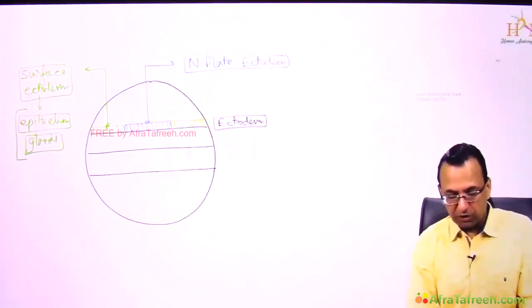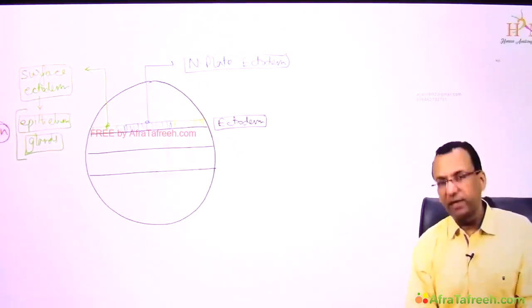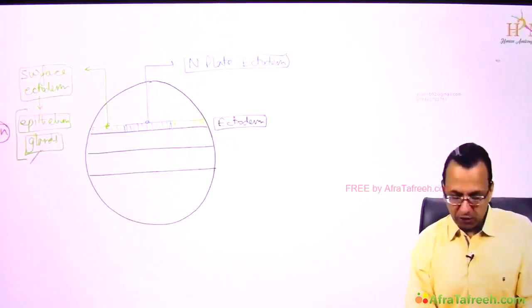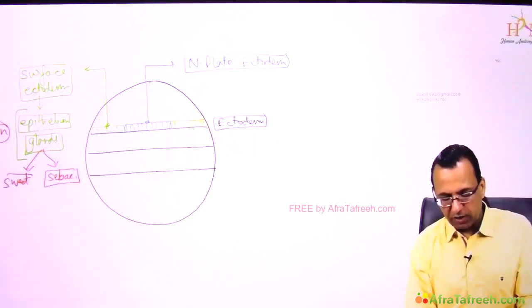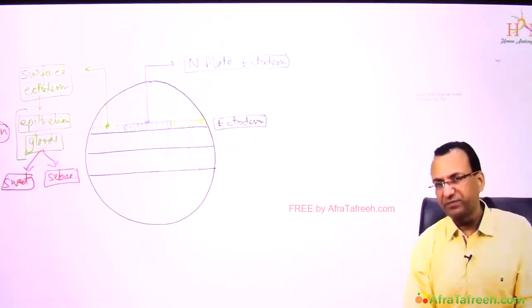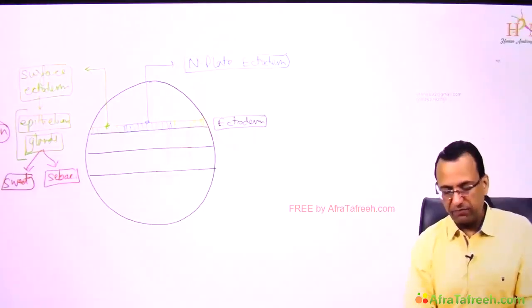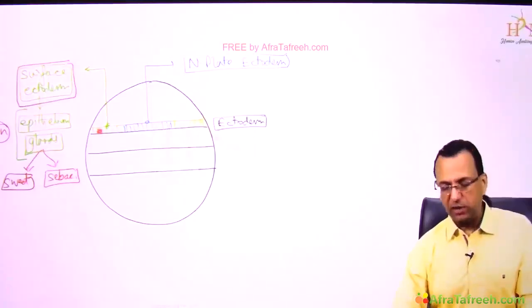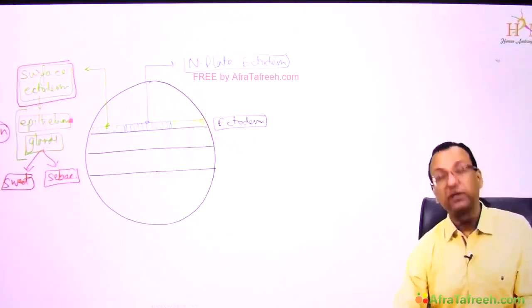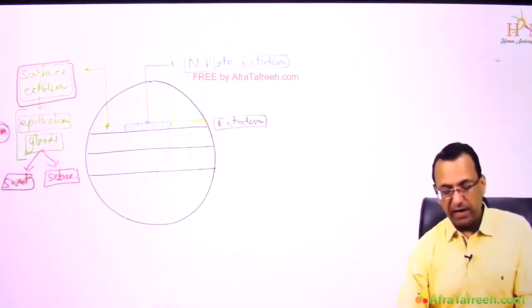If you are talking about skin epithelium, which is called epidermis, skin glands, which could be sweat gland, sebaceous gland. So when we are talking about sweat gland or sebaceous gland, which are present in the skin, where would they have come from? Surface ectoderm. So there is some surface ectoderm on the right side and left side, and which is going to contribute the surface epithelium, surface gland, like the skin epidermis and the skin glands.